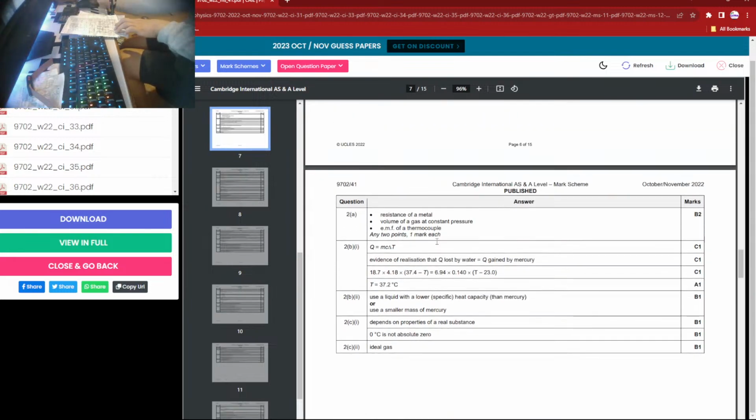Last 2 questions. Ideal gas, correct. 0 degrees Celsius is not absolute 0. Okay, that's correct. Depends on properties of a real substance. Okay, I did not include that.